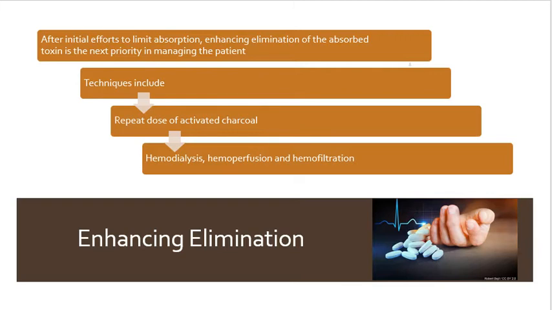Continuous arteriovenous and venovenous hemofiltration have been suggested as alternatives to conventional hemodialysis when the need for rapid drug removal is less urgent. The role of these modalities in the management of the acutely poisoned patient remains somewhat uncertain.